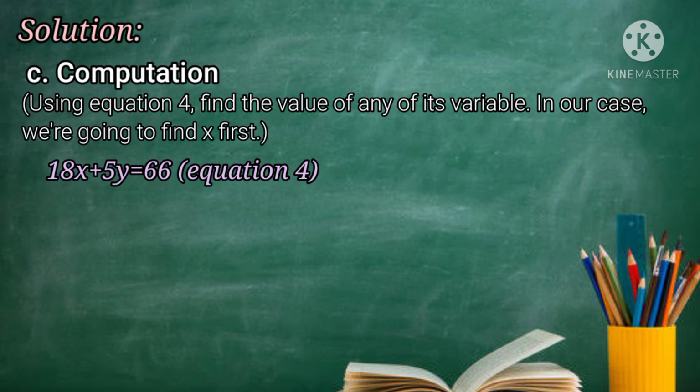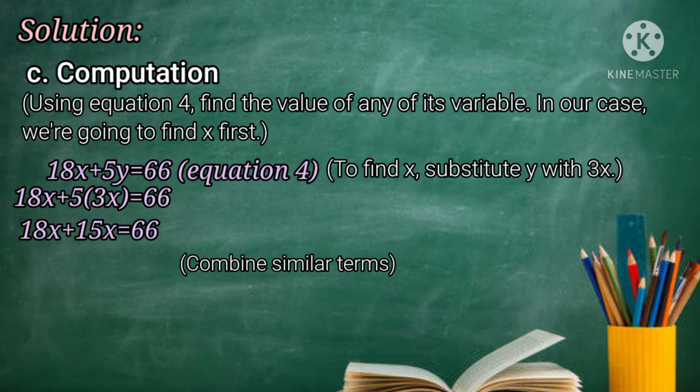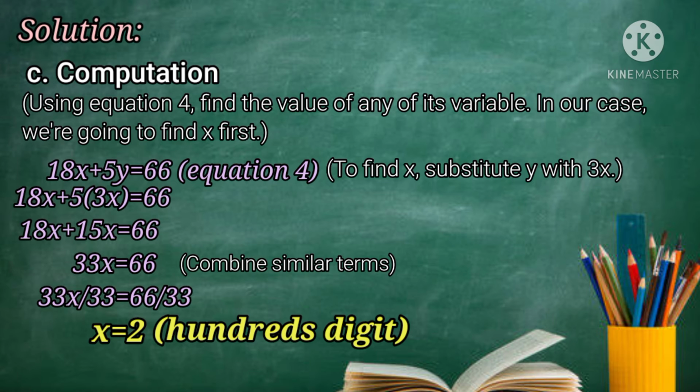To solve this, we're going to substitute variable y with 3x. Solving this, we come up with 18x plus 15x equals 66. Combining the similar terms will lead us to 33x equals 66. So we divide both sides by 33, which leads us to our answer, which is 2, our hundreds digit.